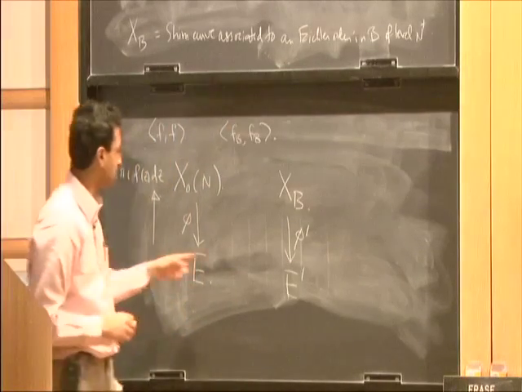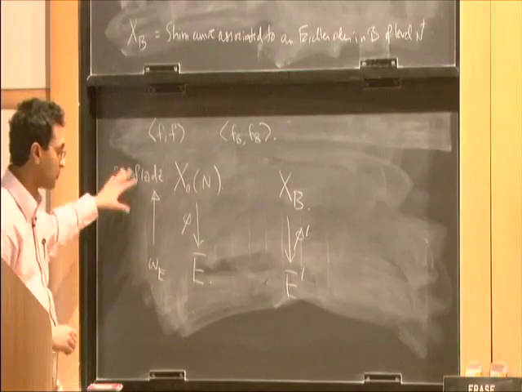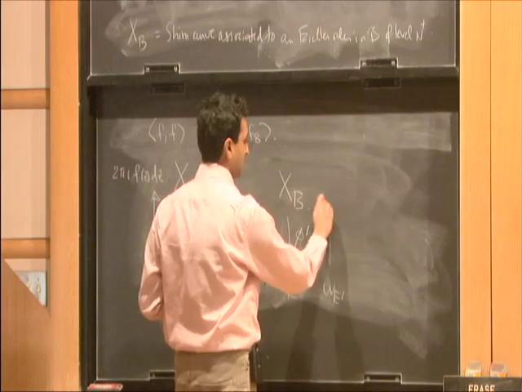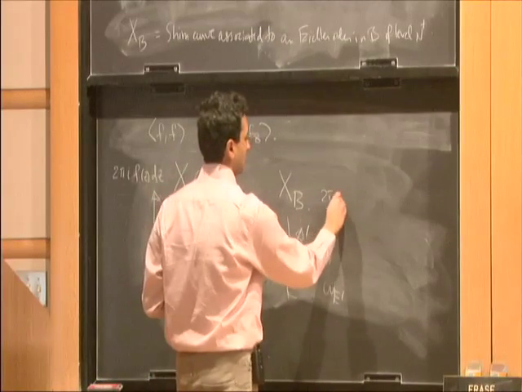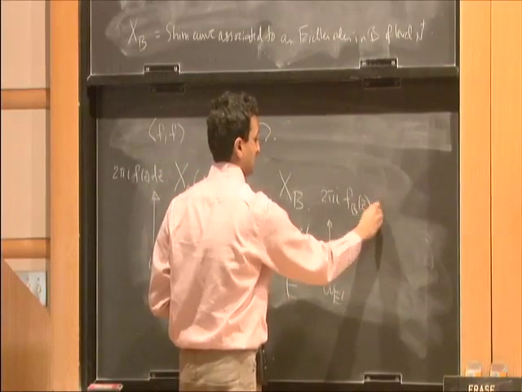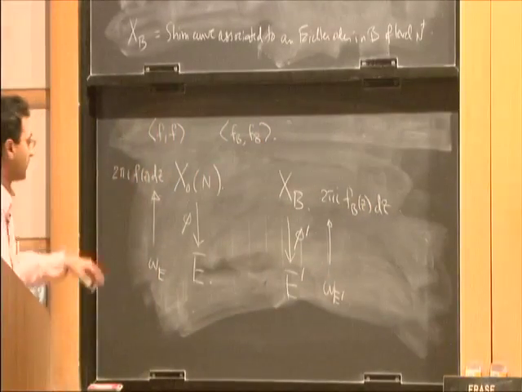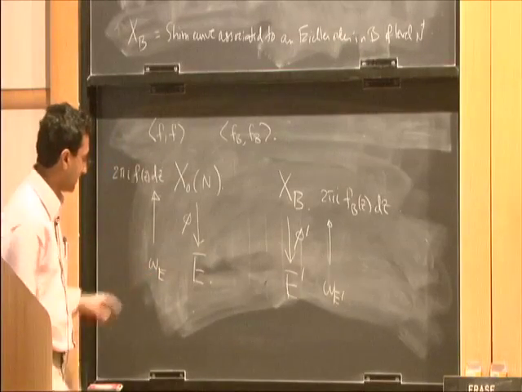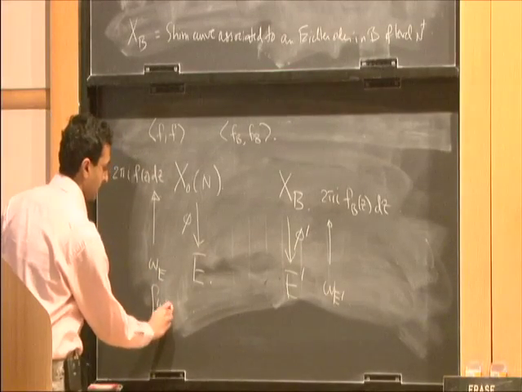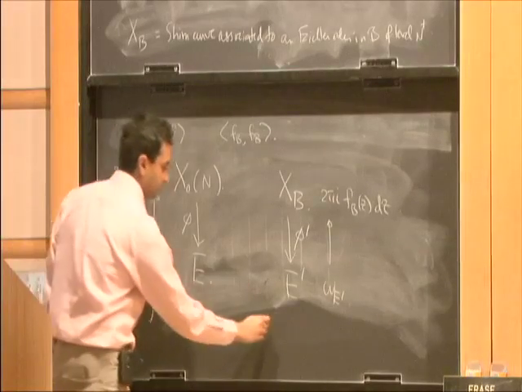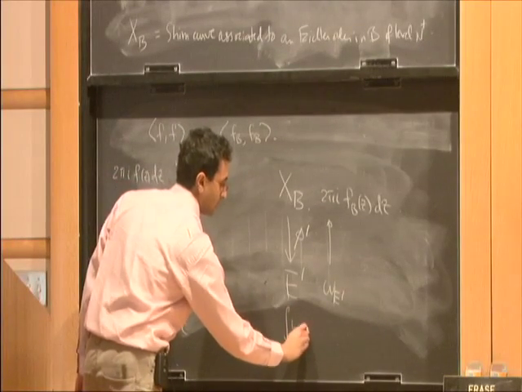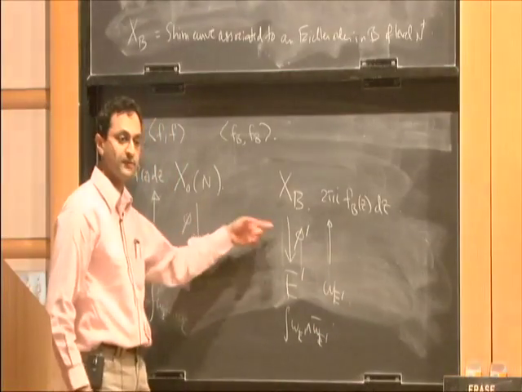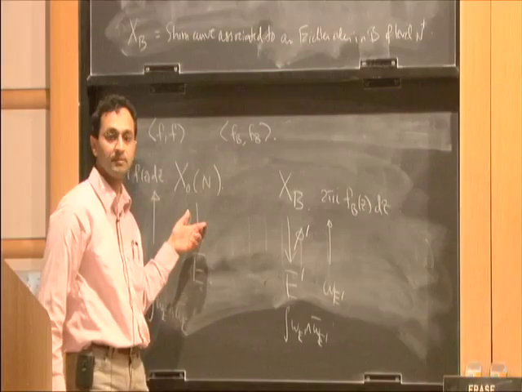And likewise, there's a similar result over here, which you can prove by essentially the same methods, namely that if you start with a Néron differential here and pull it back, then you get 2πi f_B(z) dz. So if you want to relate the Petersson inner products, what you want to do is relate the integral of ω_E wedge ω_E bar over here to the integral of ω_E' wedge ω_E' bar here. And then you want to know what the degrees of these things are and what the ratio of the degrees is.